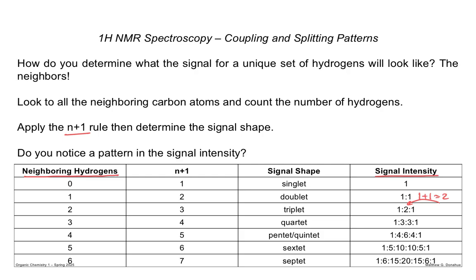Now if we go to the quartet and we see the ratio is 1 to 3 to 3 to 1, so what we're going to do is take 1 plus 2, that gets us 3, and then 2 plus 1, that gets us 3. So that's how you fill out the intensities moving down those rows. That's called Pascal's triangle.